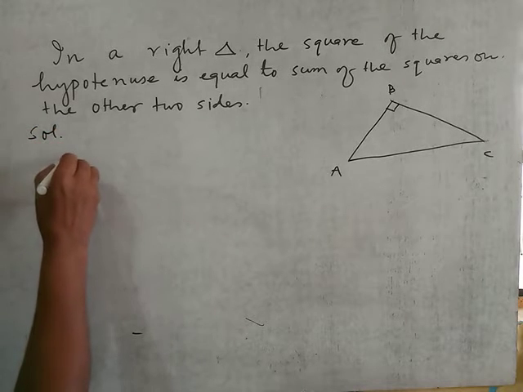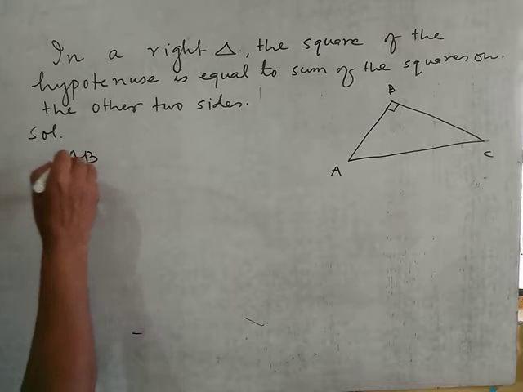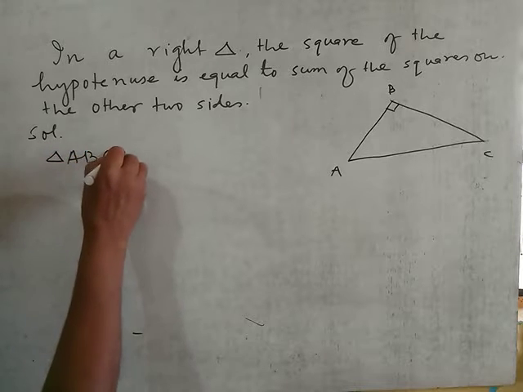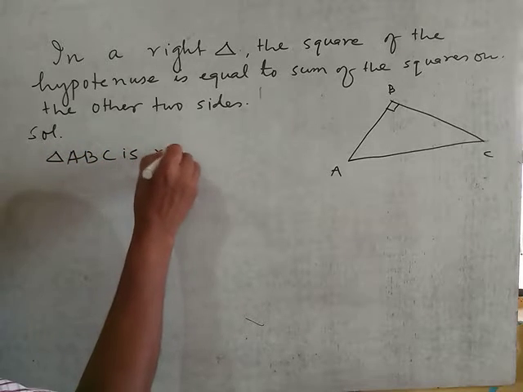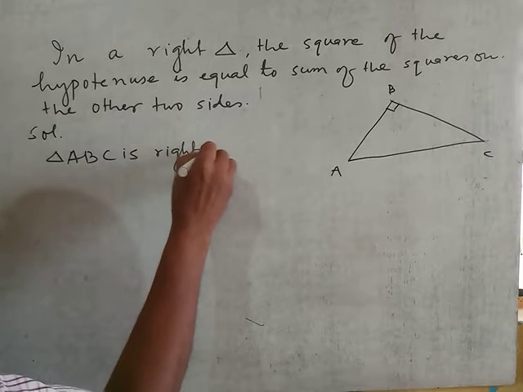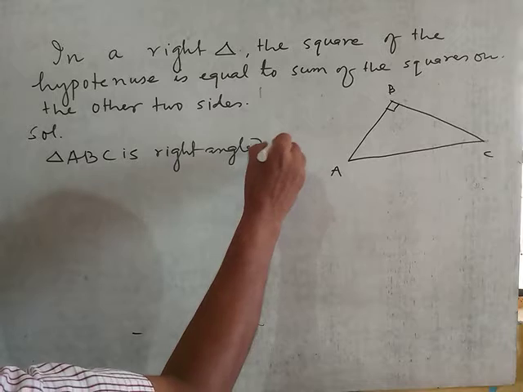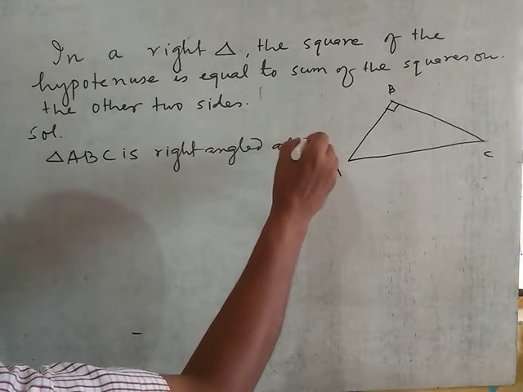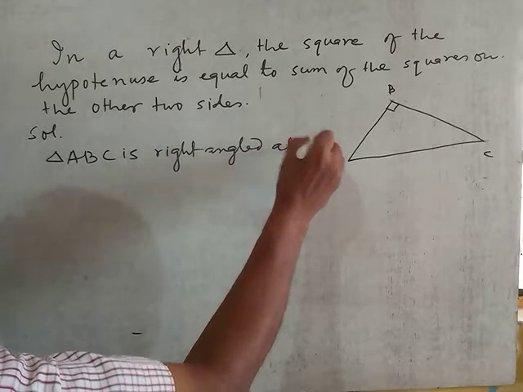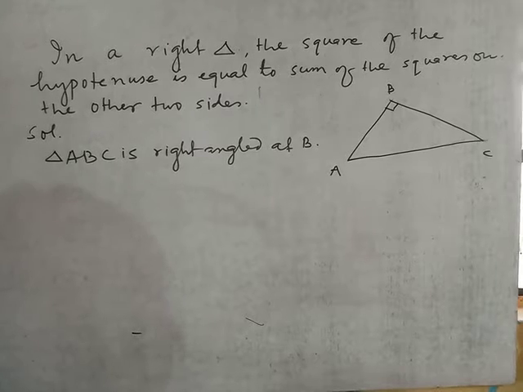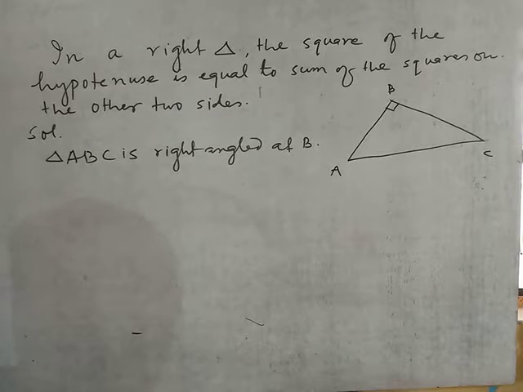So ABC is a triangle. ABC is a right angle triangle, right angle at B. Okay.